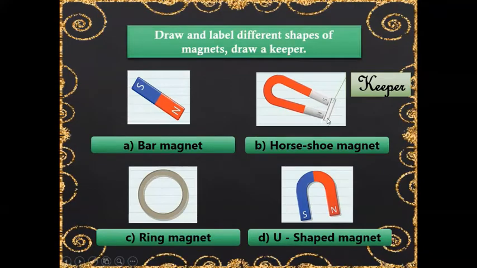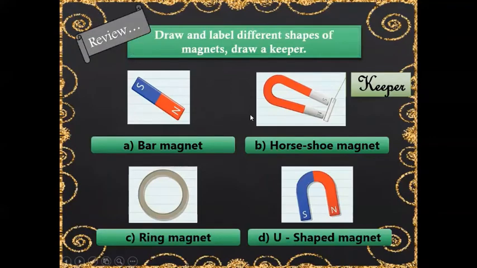That is a keeper, which helps to protect the magnets from losing their magnetism.